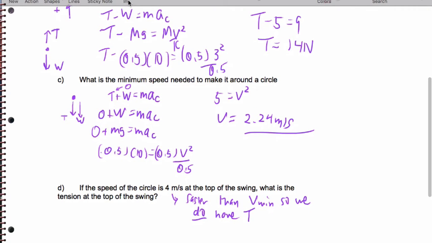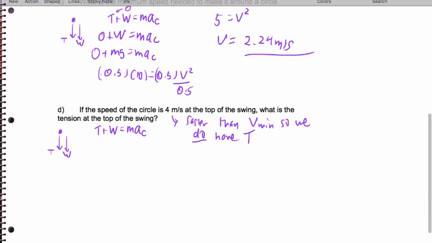So again, everything applies from the previous part. I can use the same free body diagram and setup, and now I can put in more numbers. So I have tension plus mg equals m times 4 squared divided by 0.5. That's the v squared, and that's the r.